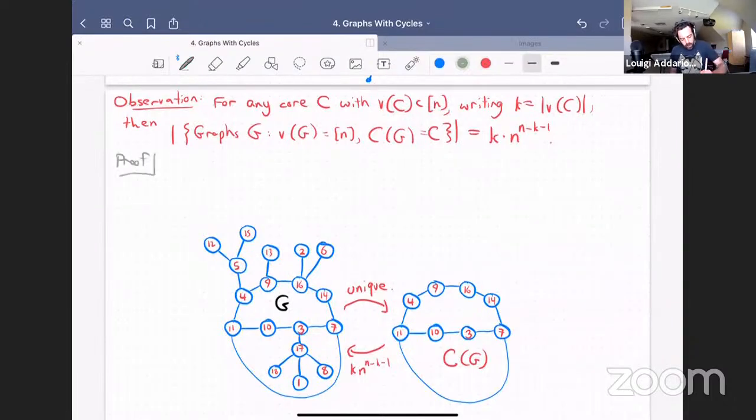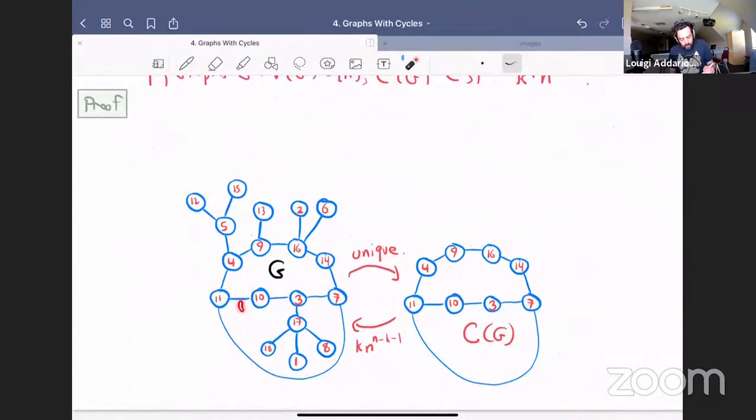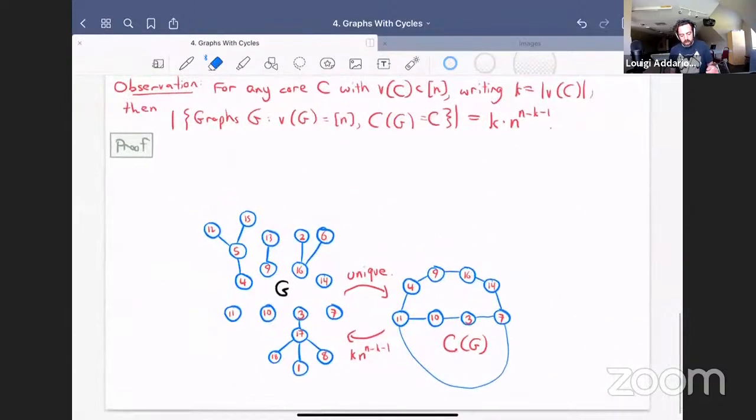quite straightforward, right? If we look at this graph on the left, and allow me to just delete all of the edges of the core, but none of the other edges. Well, that just gives me a forest, right?